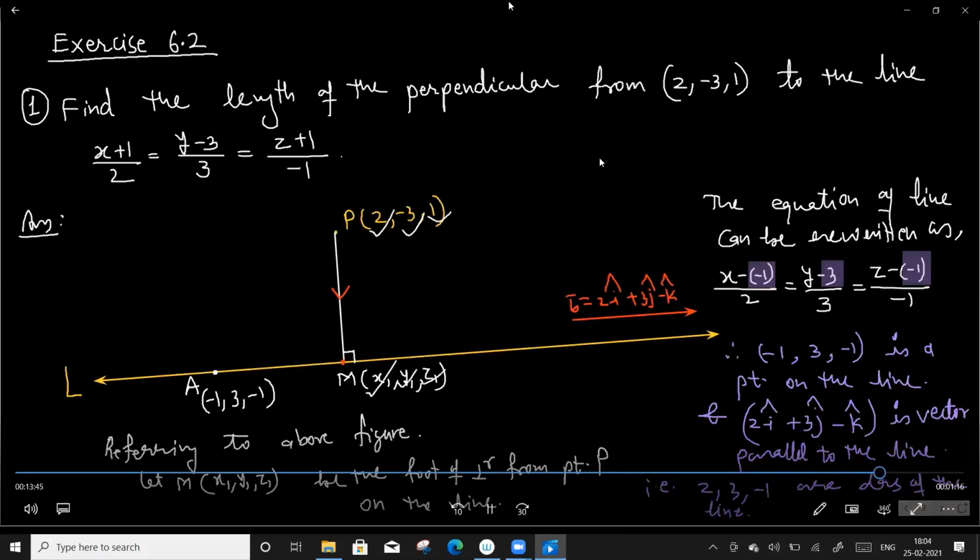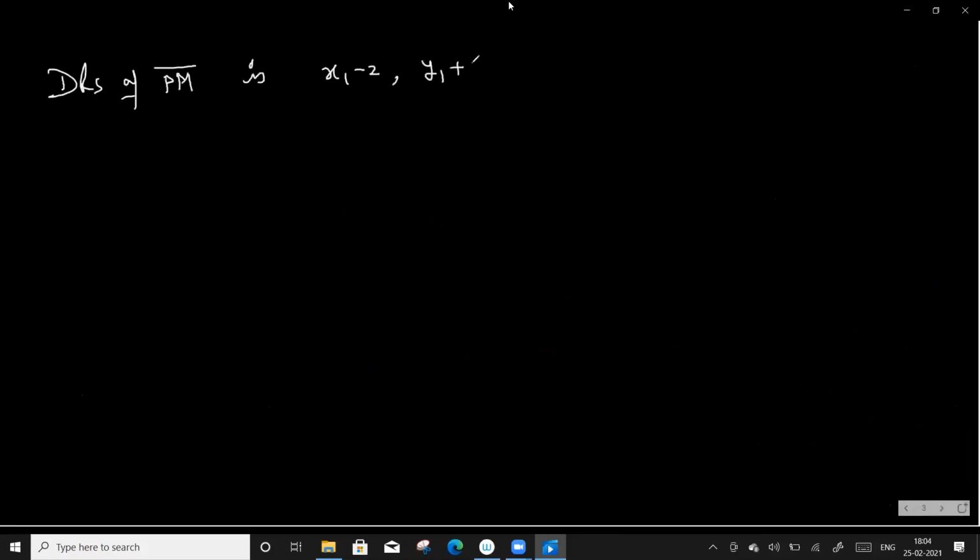So it is x1 minus 2, y1 minus of minus 3, that is y1 plus 3, and z1 minus 1. These are the three DRS, okay? And please don't put them in a bracket because these three are not the coordinates. They are the DRS. So DRS of PM bar is x1 minus 2, y1 plus 3, and z1 minus 1, okay?